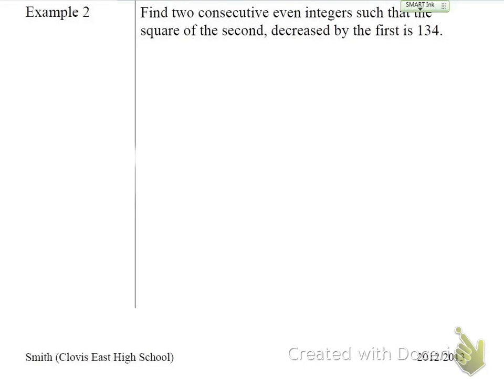All right, example 2 wants us to find two consecutive even integers. It did not say they had to be positive. Such that the square of the second decreased by the first is 134. Okay, guys, whenever we're looking for these types of things, your first integer you always call x.